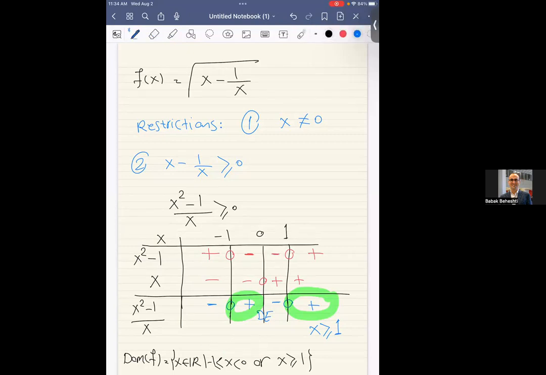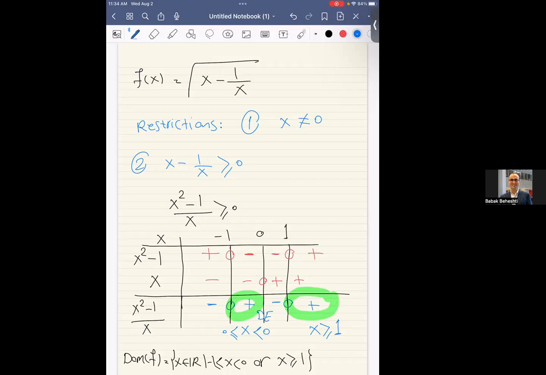Can x be 0? There's no 0 here. I don't include 0. I didn't include 0. So you see, that's the point. So I said x less than 0, greater than or equal to -1. It doesn't include 0.